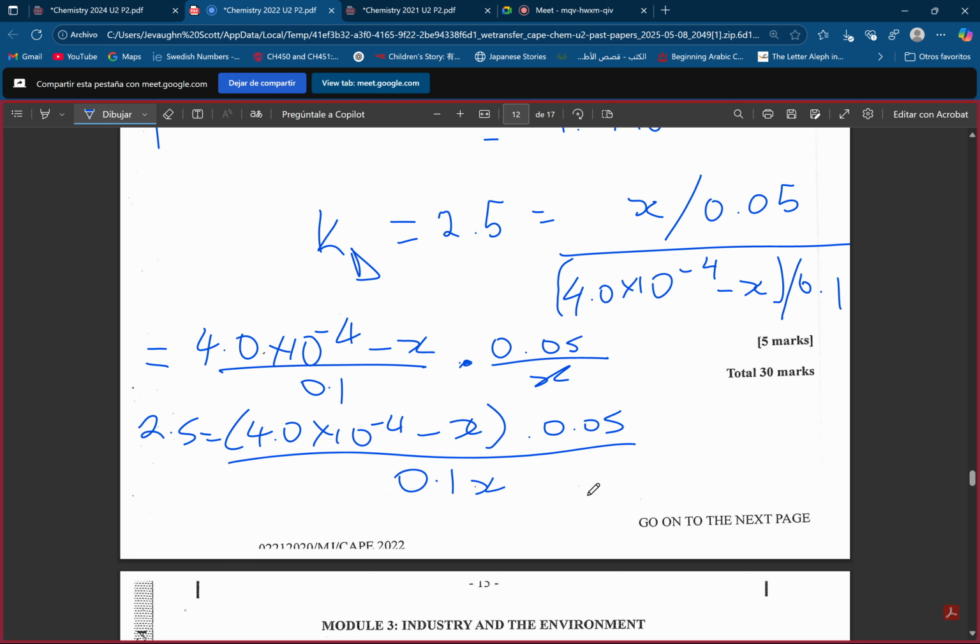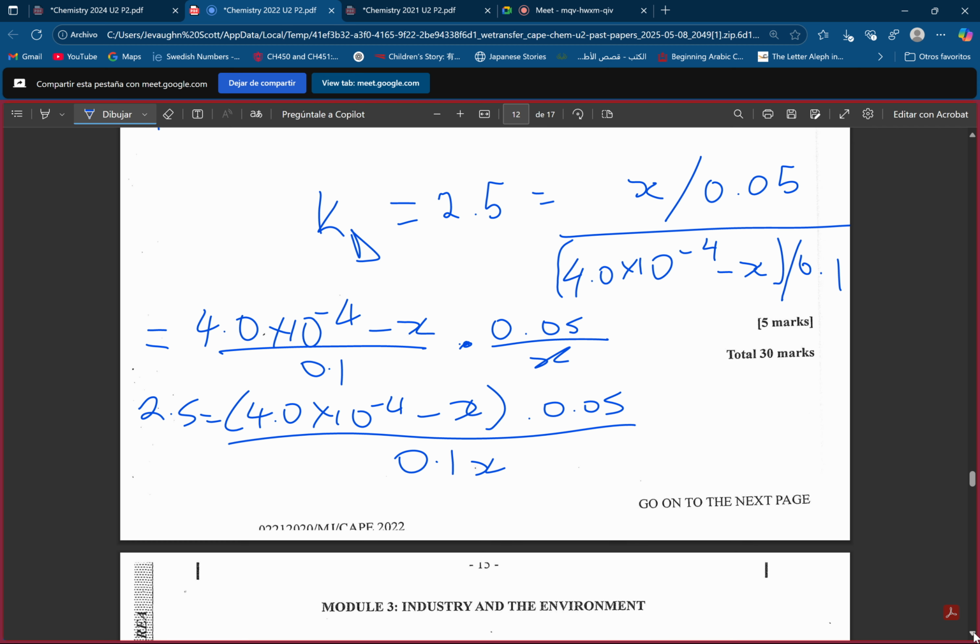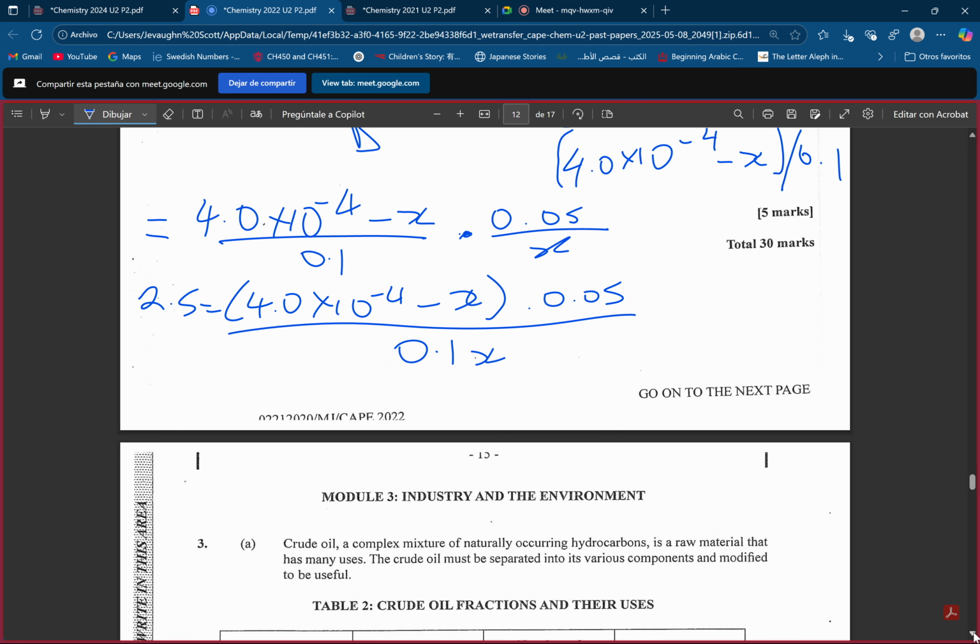We now multiply both sides by 0.1. This is going to look a little bit messy. When we multiply both sides by 0.1, we should end up with 0.25 is equal to 0.05 times that 4 times 10 to the negative fourth power minus x value.